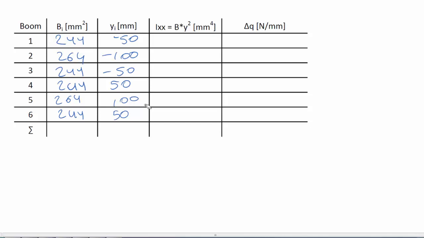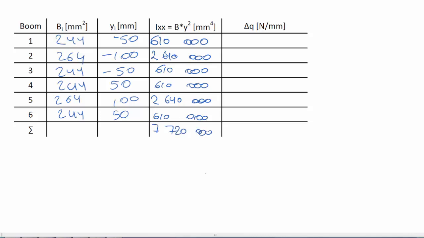Then I'm going to go on with calculating the Ixx for all the booms separately. For boom 1, this is 6100, and it's the same for booms 3, 4, and 6. Then for booms 2 and 5, it can be easily calculated that the moment of inertia is a bit bigger.